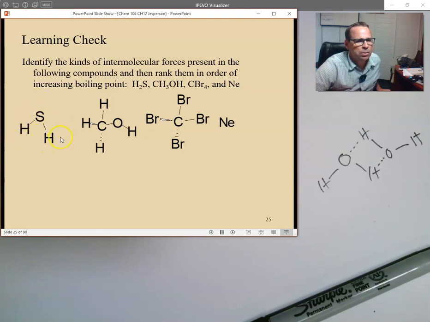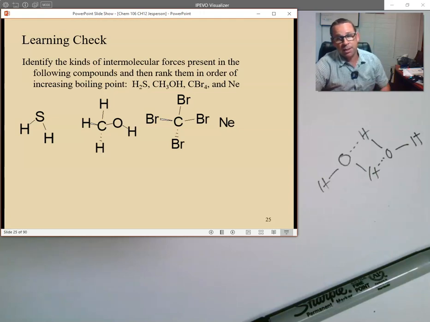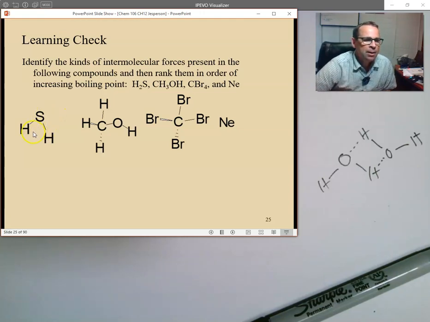So that would be London forces and dipole-dipole. Okay, very good. You always have London forces, right? All molecules are going to have London forces, we decided. And then our dipole-dipole, because this is an asymmetrical molecule and it has a polarity associated with sulfur and hydrogen. What about hydrogen bonding, Harry?